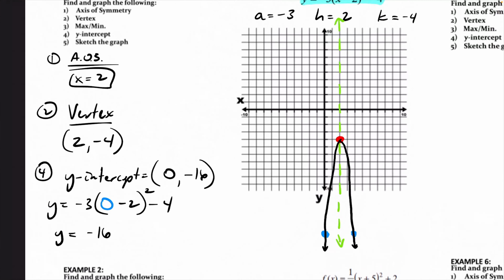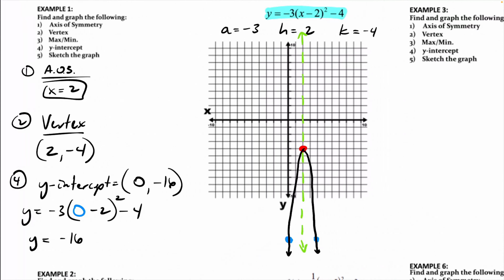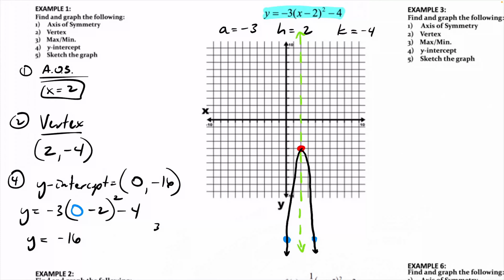So now that I know arrows down, I can do max and min now. Because it's arrows down, is it going to have a max or is it going to have a min? Max. And that's always going to be your k. So my k on here was negative 4. Done.